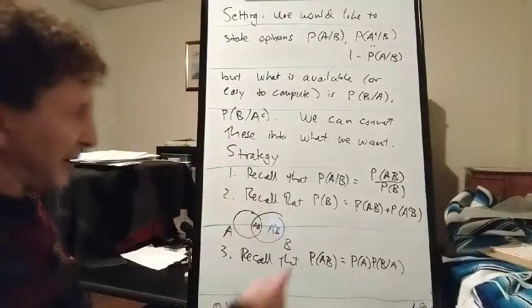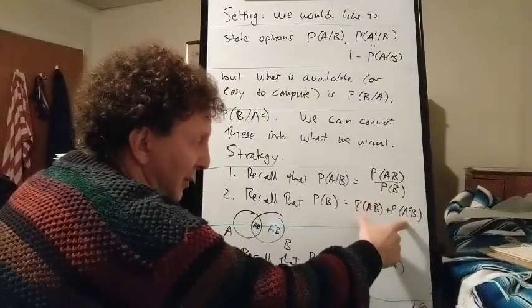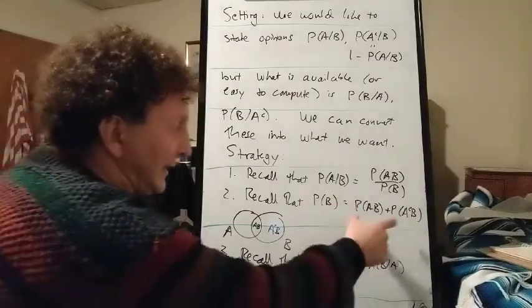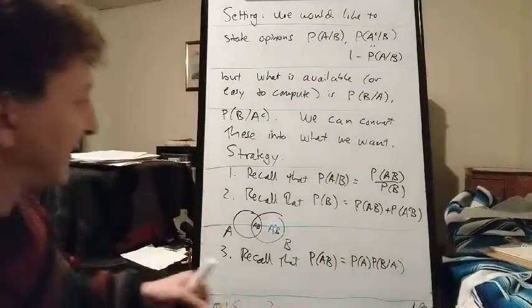Now if we put all these together, this expression converts the denominator into a sum, and then each of the summands can be expressed as a product. Let's see what we get.